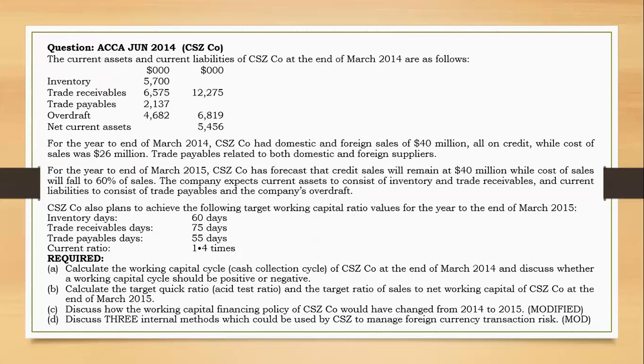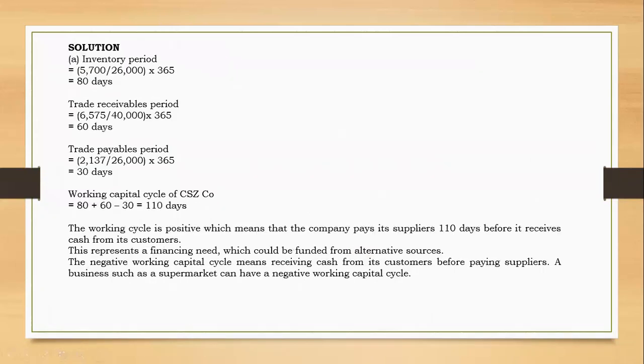I could take you back to the question. The question said discuss whether a working capital cycle should be positive or negative. That's why I'm just trying to explain it. So I just say that a business such as a supermarket can have a negative working capital cycle. For example, in the supermarket, normally there won't be this trade receivable payment period. They do not sell on credit.